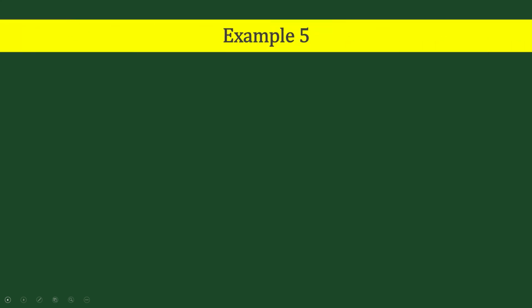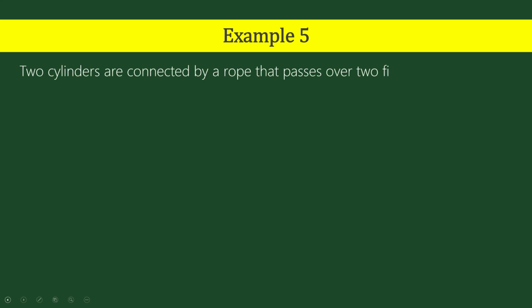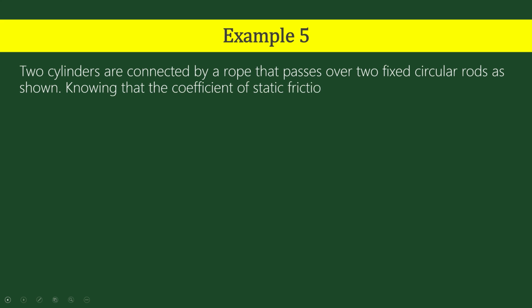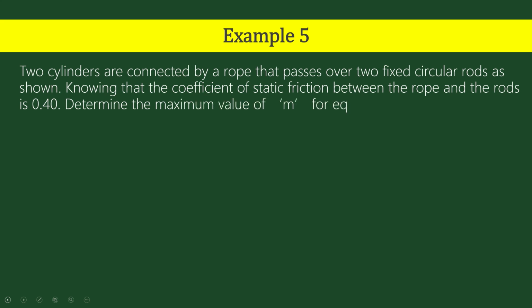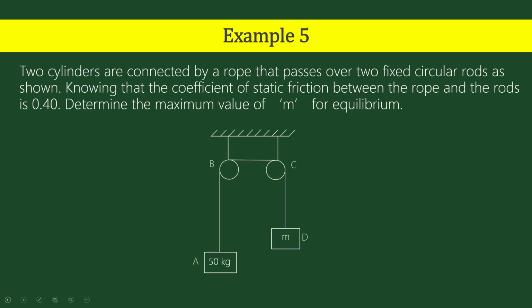Let us take now example number 5. Two cylinders are connected by a rope that passes over two fixed circular rods as shown. Knowing that the coefficient of static friction between the rope and the rods is 0.40, determine the maximum value of M for the equilibrium.